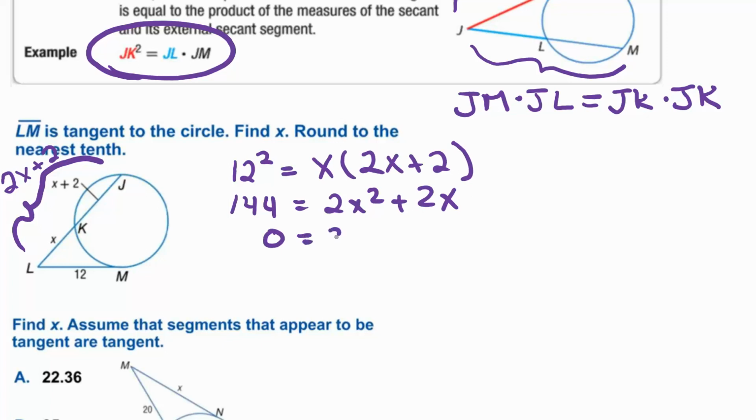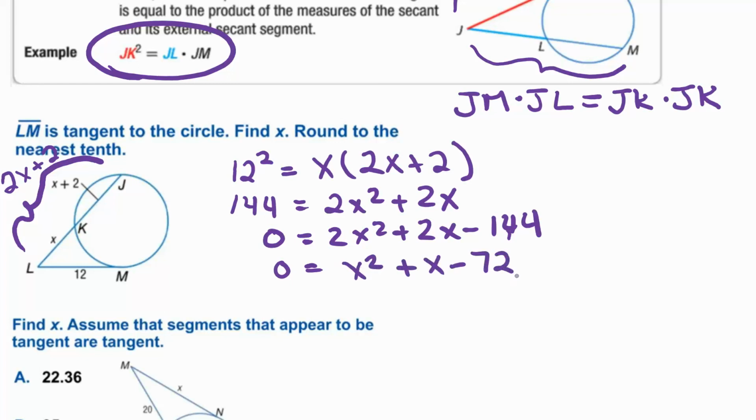So 0 equals 2x squared plus 2x minus 144. There is a GCF in each of these terms, so I'm going to divide each of the terms by 2, and I'll have 0 equals x squared plus x minus 72. So we need the factors of negative 72 that will add up to be a positive 1, or another way to look at it, the factors that are 1 apart.